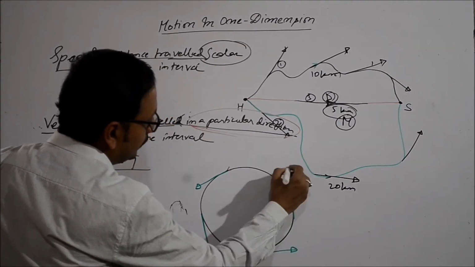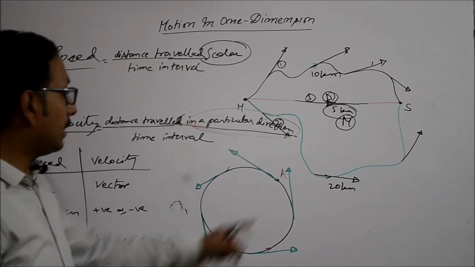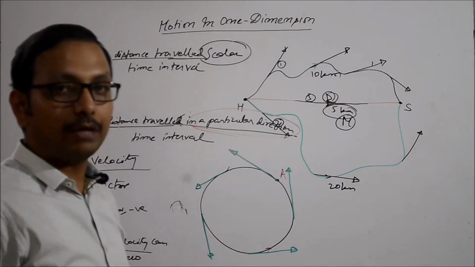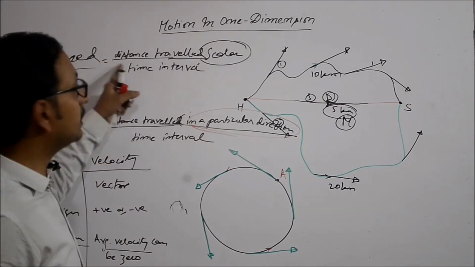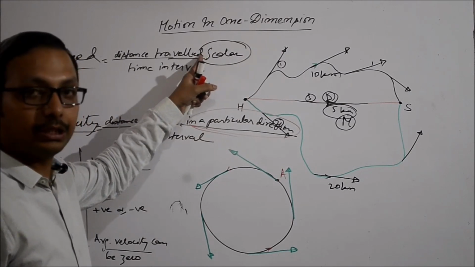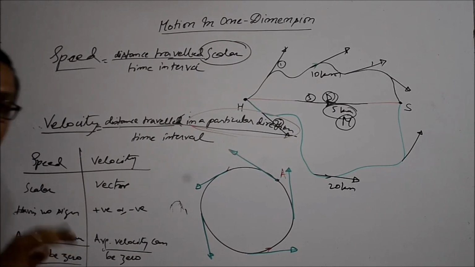But the body is moving, correct? So the body is traveling some distance with a time interval but no particular direction. That means it has speed, so I can write it can never be 0.